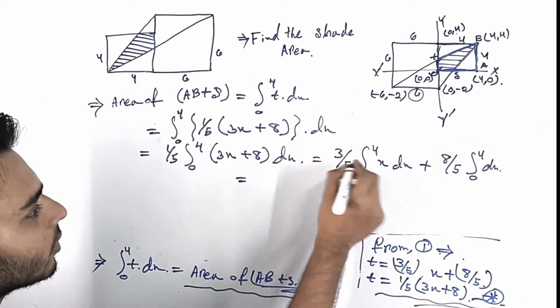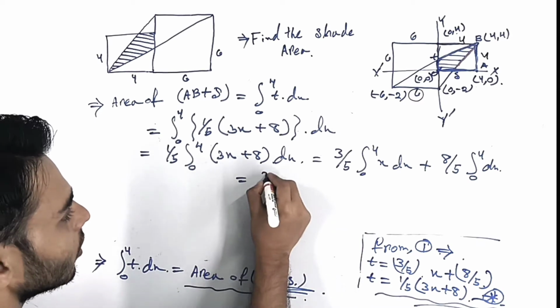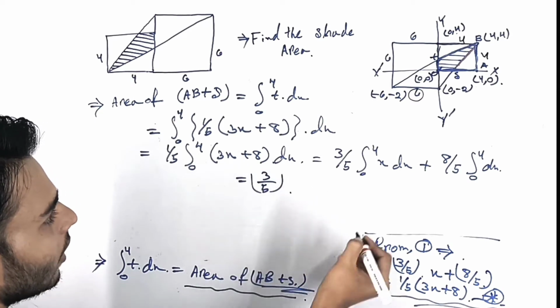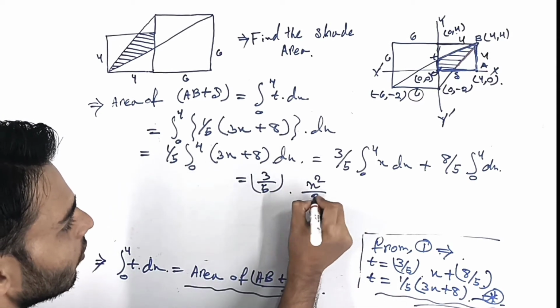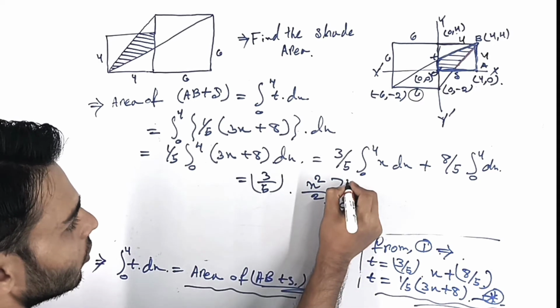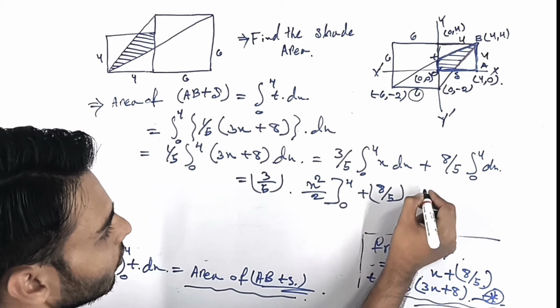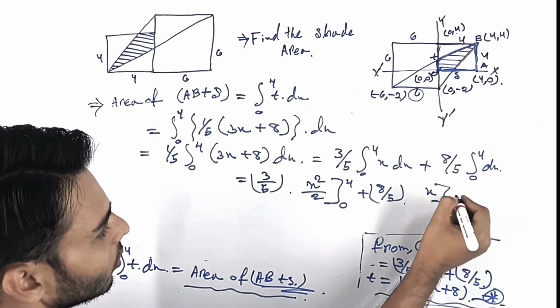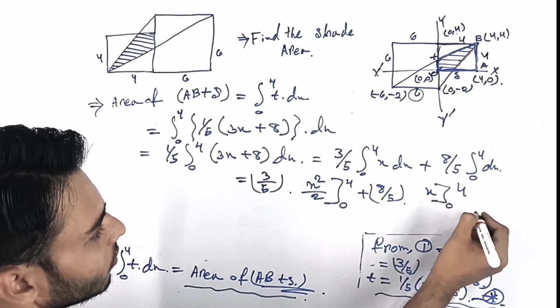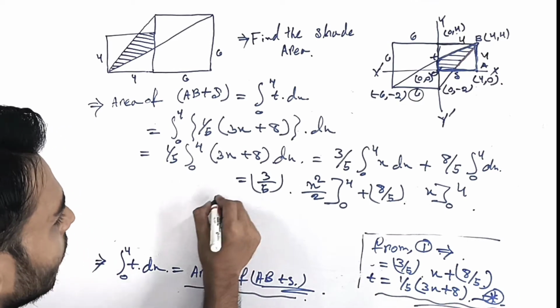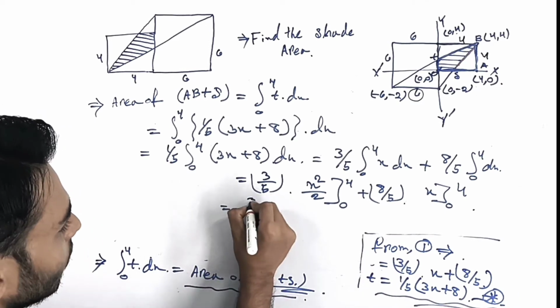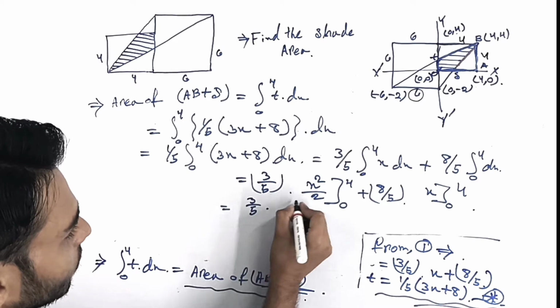That's also the common portion. So now that's equals to 3 by 5 times x square by 2, limited by 0 to 4, plus 8 by 5 times x, limited by 0 to 4, and we can write it as 0 and 0 is coming 0.